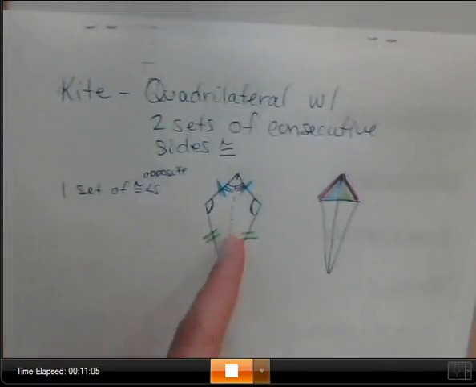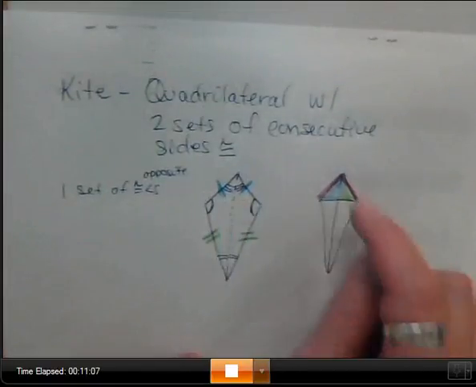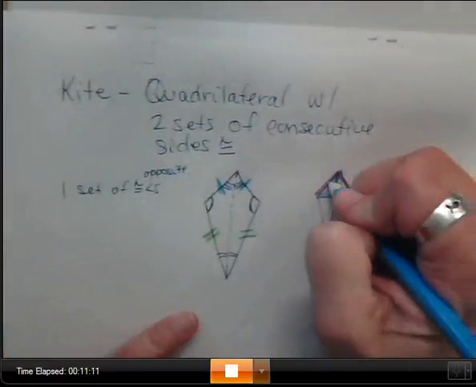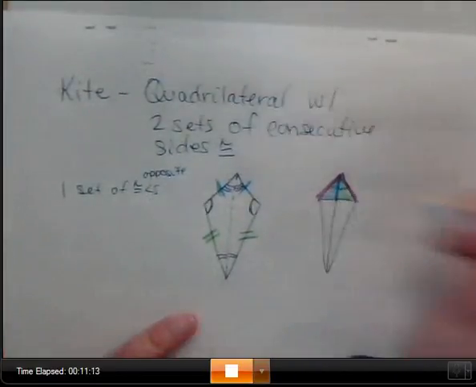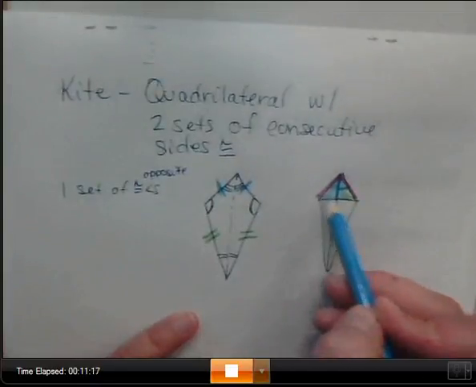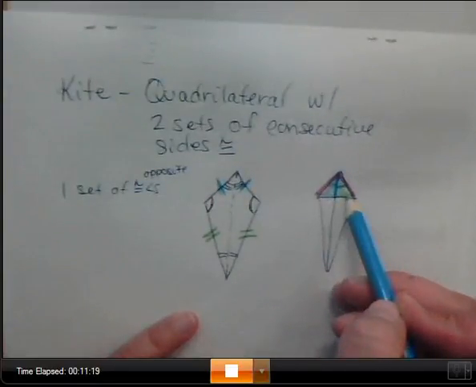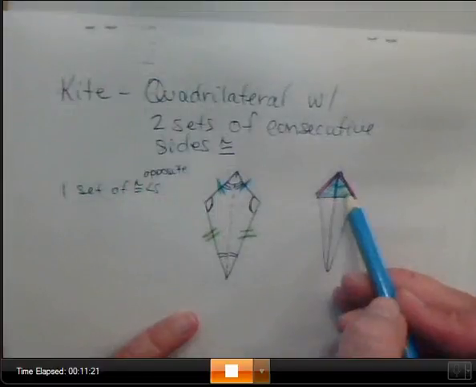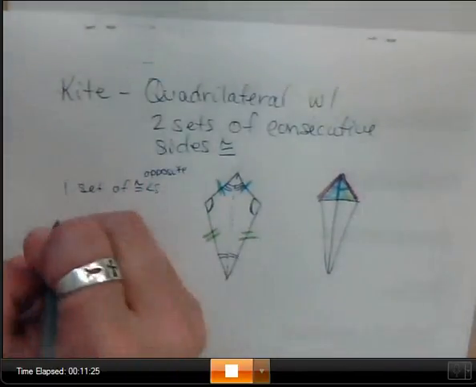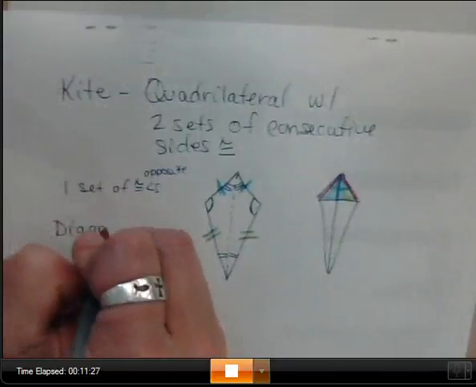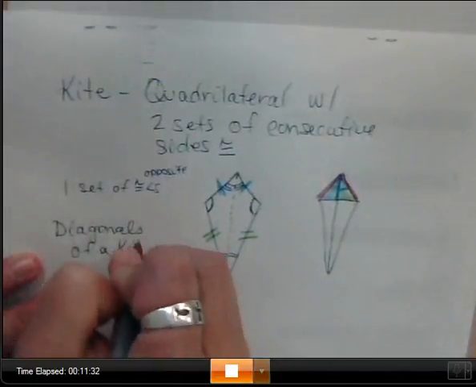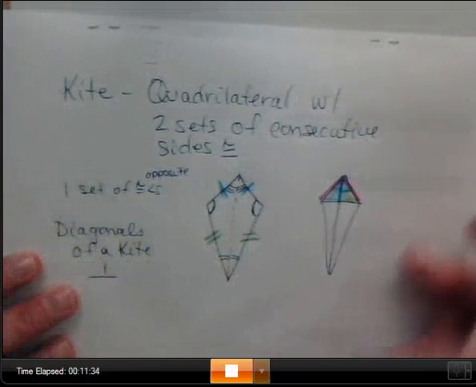Yes, this guy bisects that angle, so we have an angle now. So are those two the same? Yes. Then what do you know about the diagonals? They're perpendicular. So diagonals of a kite have to be perpendicular.